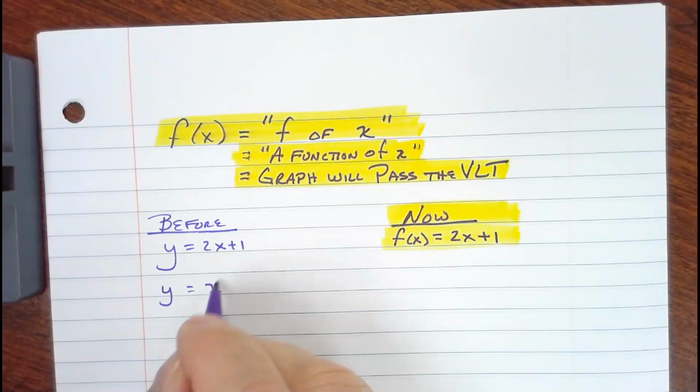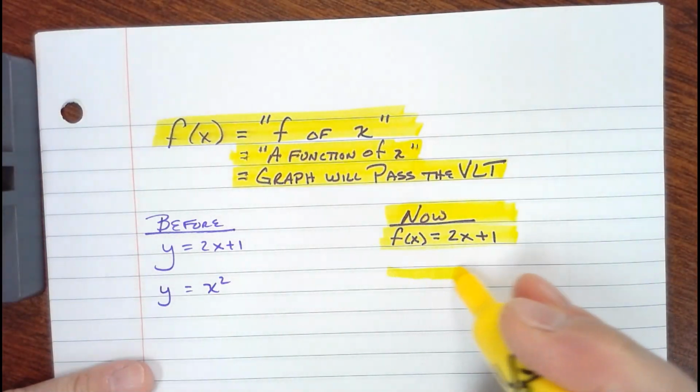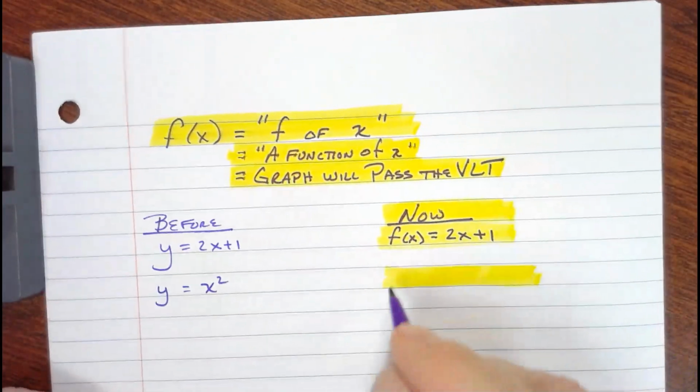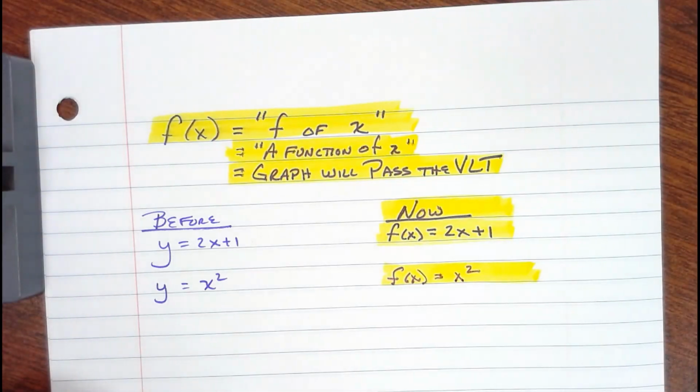Y equals x squared can now be written as f of x equals x squared.